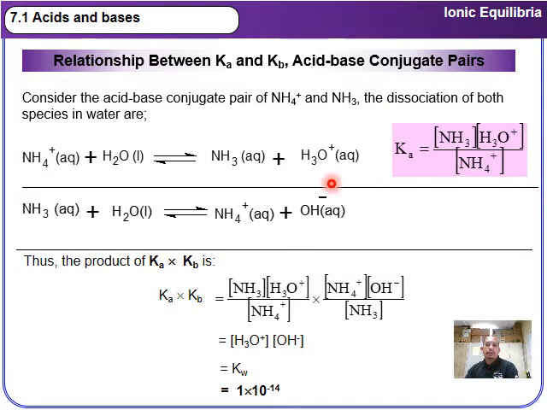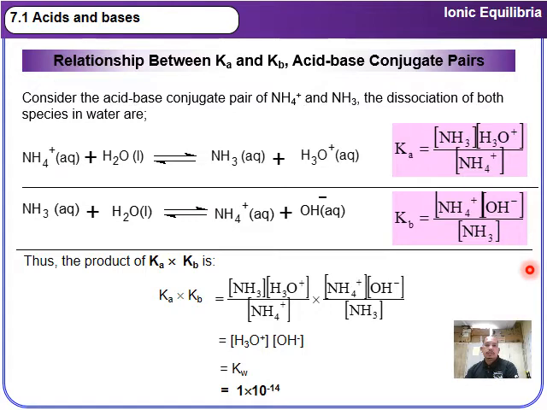So in this first equation, Ka is obtained by the concentration of ammonia times the concentration of H3O positive ion divided by the concentration of NH4 positive. While Kb is obtained by the concentration of NH4 positive ion times the concentration of OH negative ion divided by the concentration of NH3.